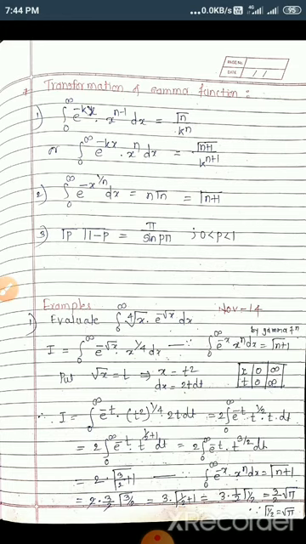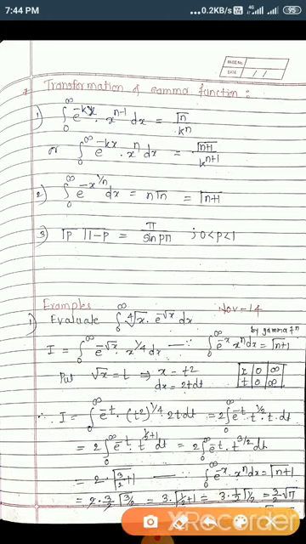So let us consider I equal to the integral from 0 to infinity of e raised to minus root x into x raised to 1 by 4 dx. That is, the fourth root of x is nothing but x raised to 1 by 4. So we have the formula for the gamma function, the integral from 0 to infinity of e raised to minus x, x raised to n dx.